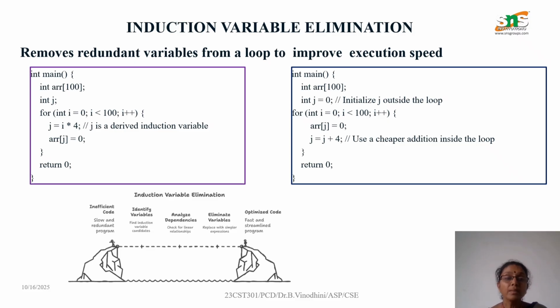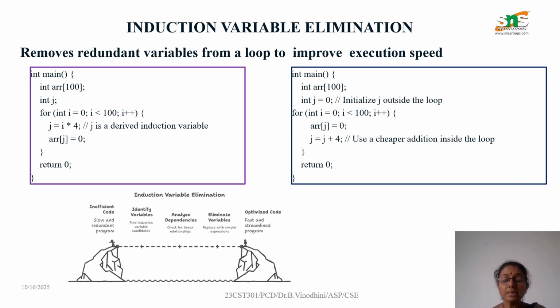The first step is to identify the induction variable. Here the induction variable is j. Next we have to use a cheaper statement instead of the costlier one, so the multiplication is reduced to the cheaper addition. On the right-hand side we have the optimized code.